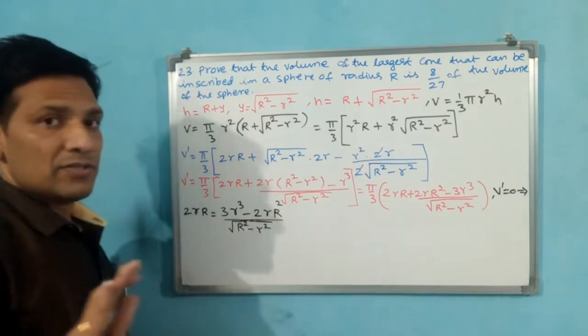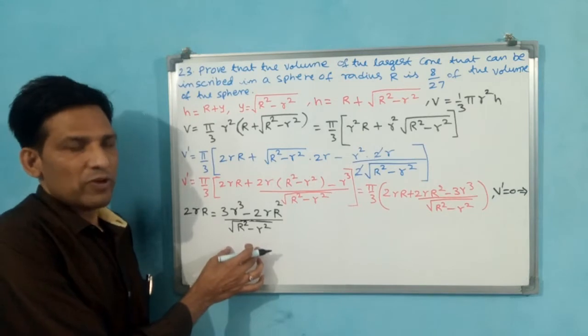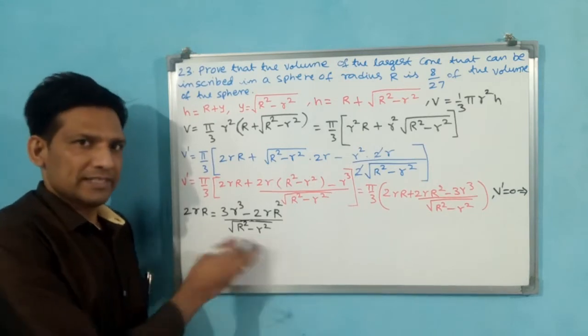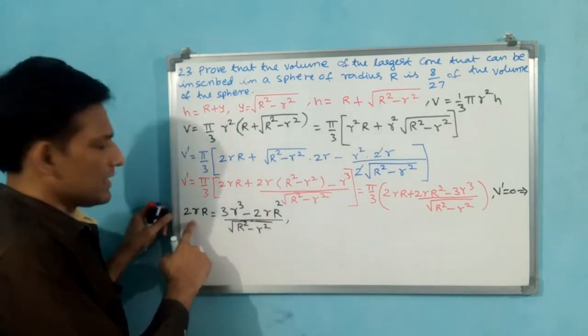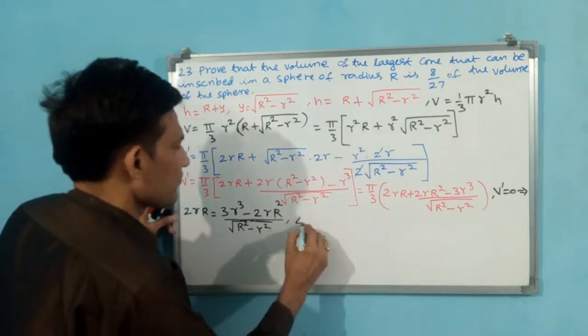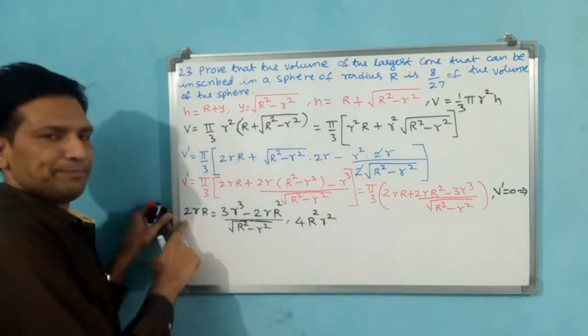Okay. See what I am doing now? I want to remove this square root. Then I will square both sides. Understand? Okay. If I square both sides, you see 4 r square into r square.